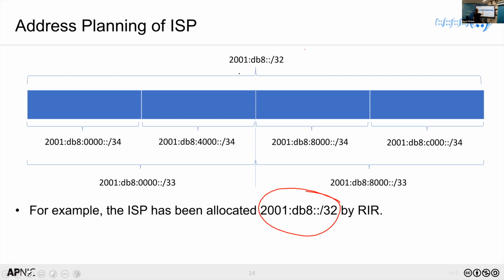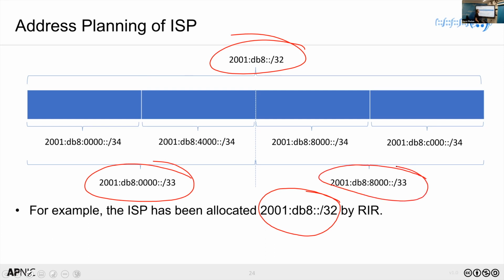So we've got our /32 here. Now, because we've got 4 geographic regions, we've decided we're going to split it up. So our little calculations we were doing before, this is where things come in handy. So I might go, okay, there's my first /33. There's my second /33.